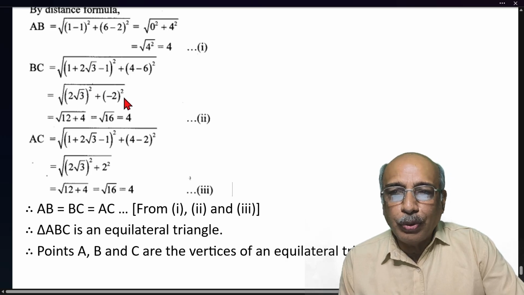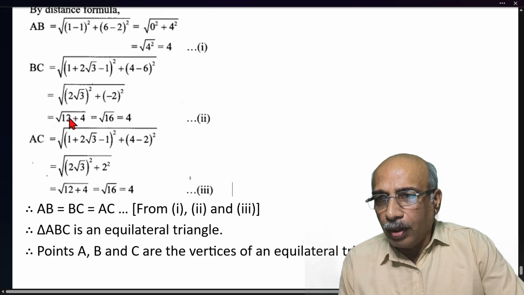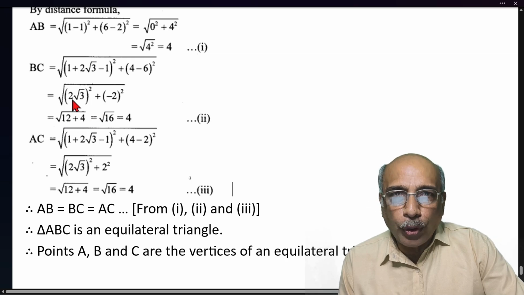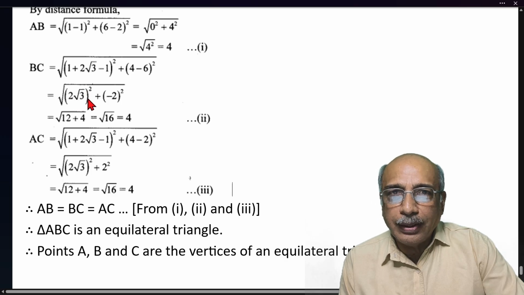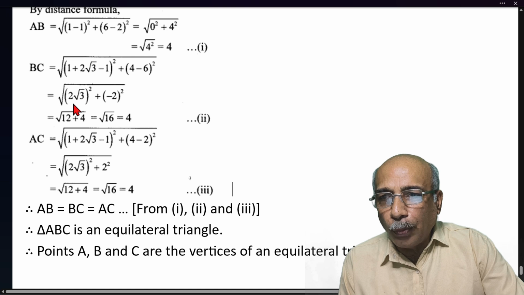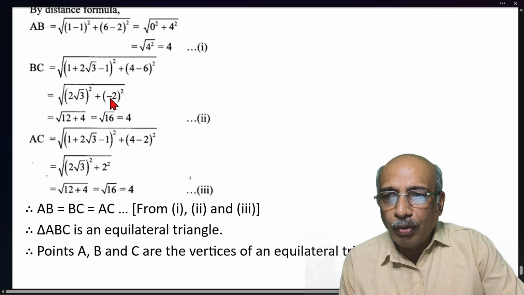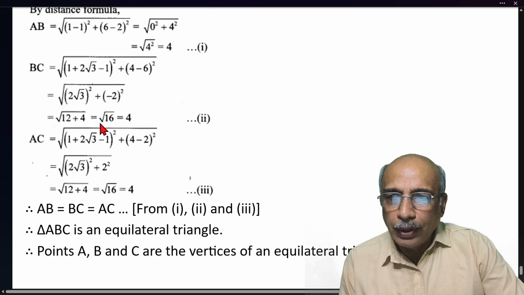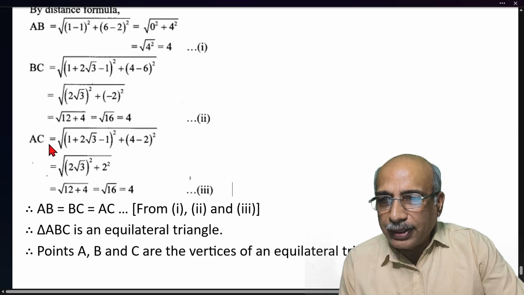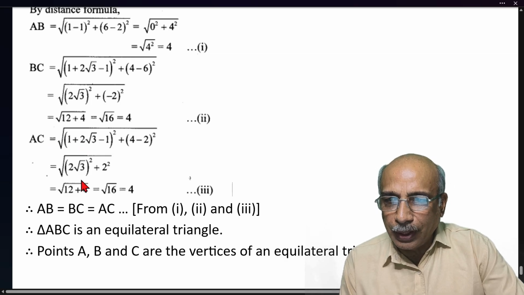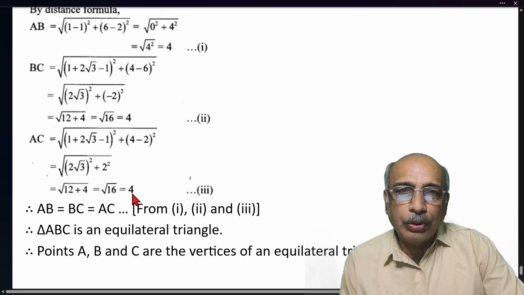Plus minus 2 whole square. 2 square is 4, root 3 square is 3, therefore 4 into 3 will be 12. So here it came 12 plus 4, minus 2 square is 4. That is root 16 equals again 4. AC, if you simplify by this method only, you will get AC equals 4.